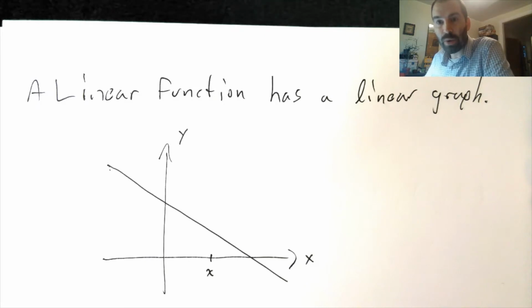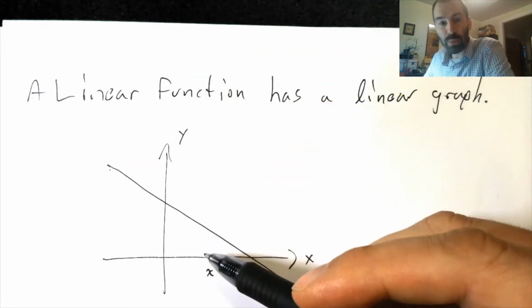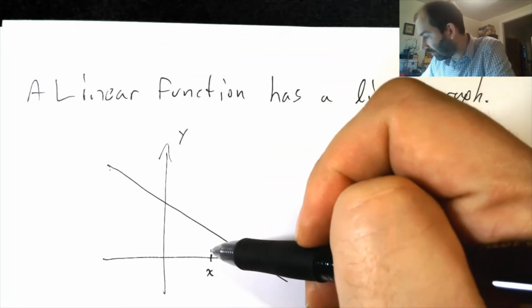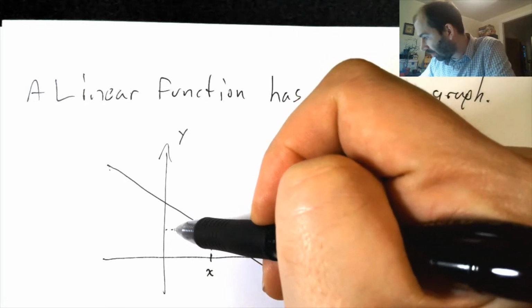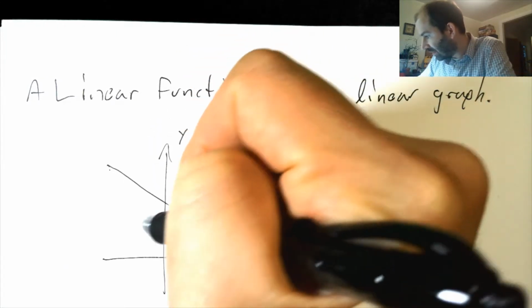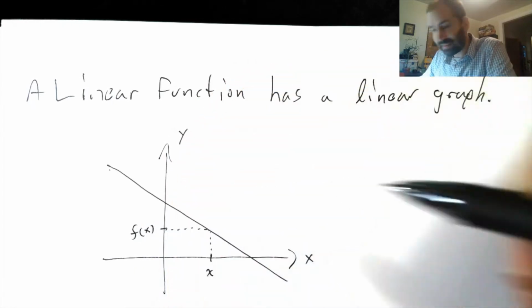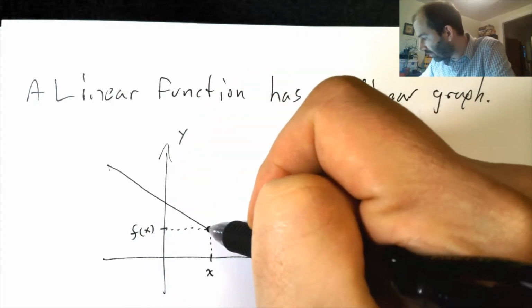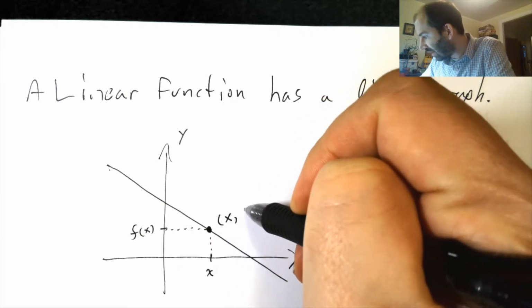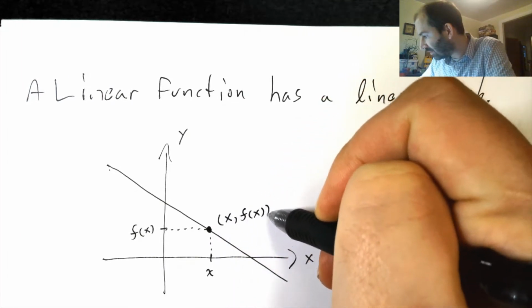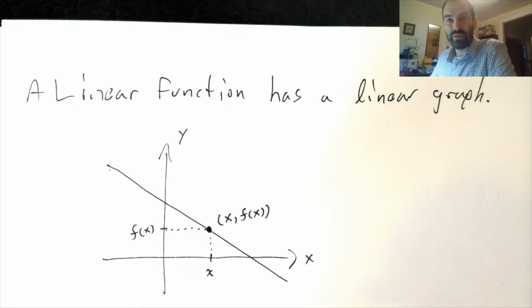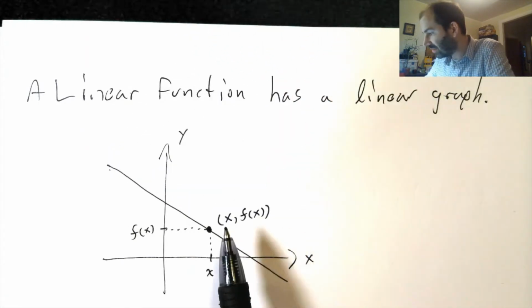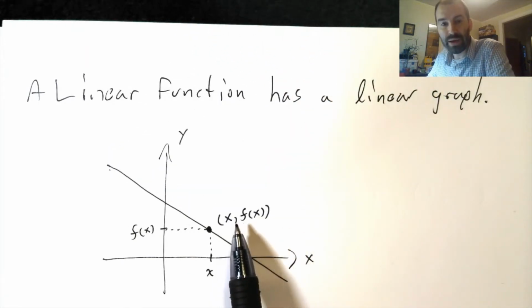What does that value represent in this picture? It represents the height of the graph. So if I go up to the graph and over to the y-axis, that's my f of x, right over there. And this is the point x comma f of x. Every point on the graph of a function has the form x comma f of x.